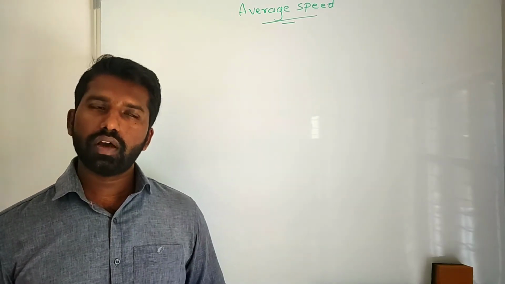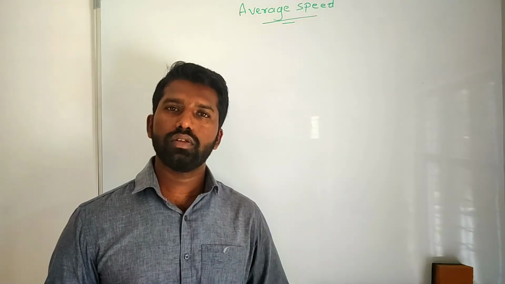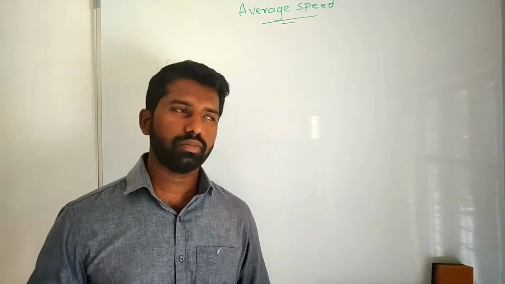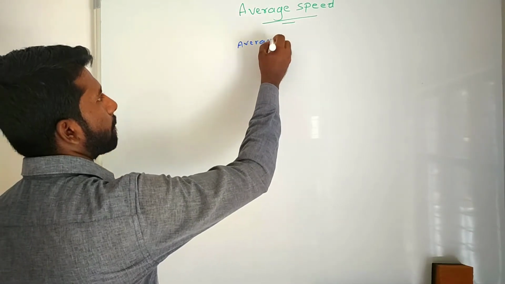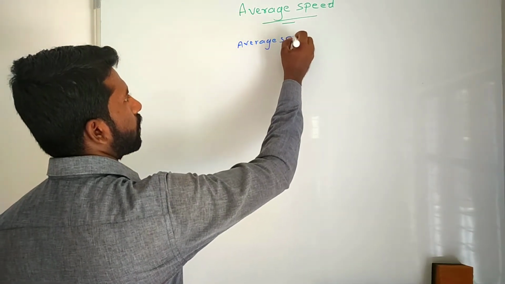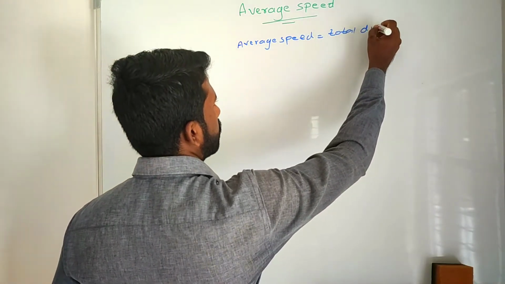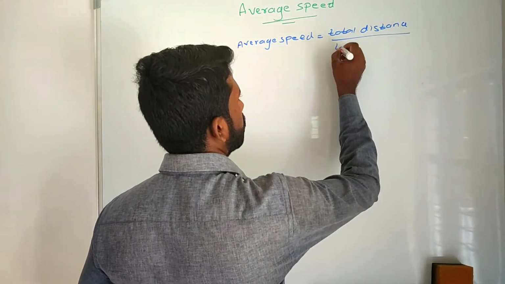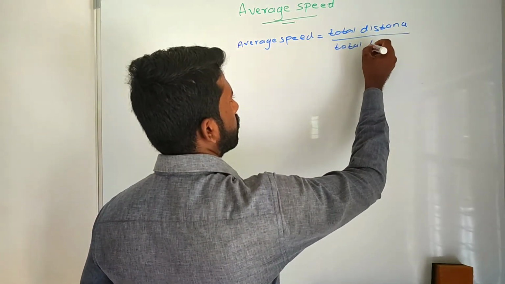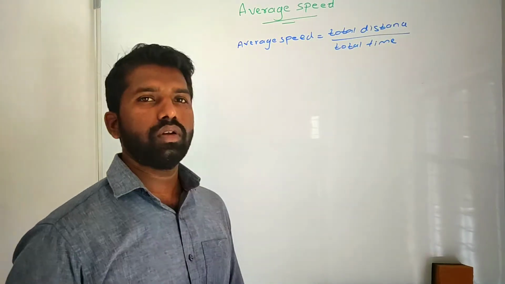Average speed is the ratio of total distance to total time, that is, total distance divided by total time.